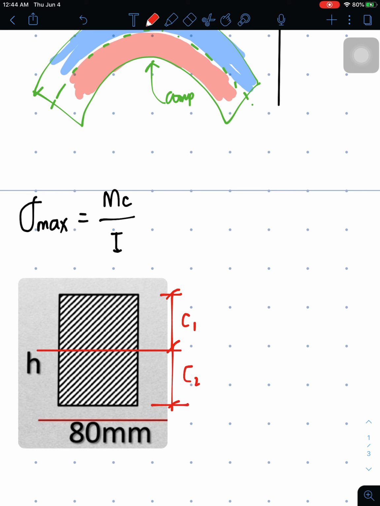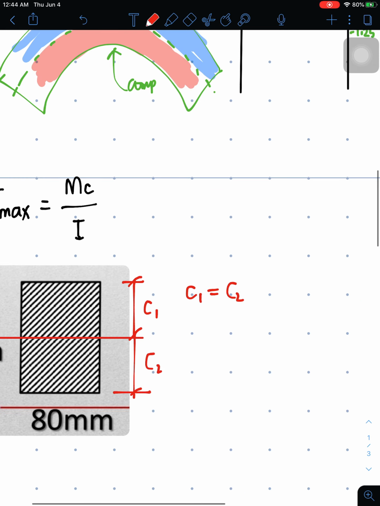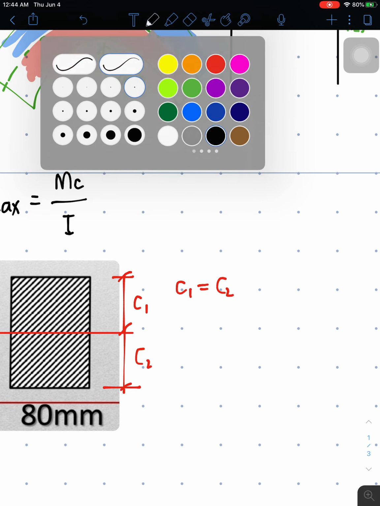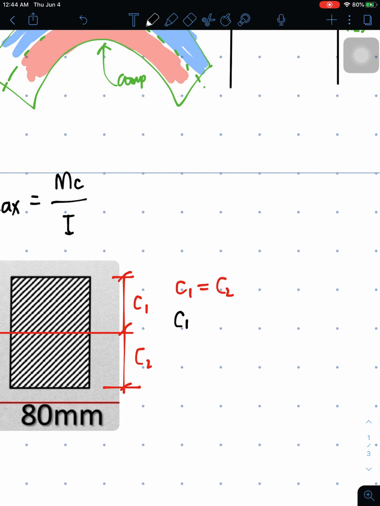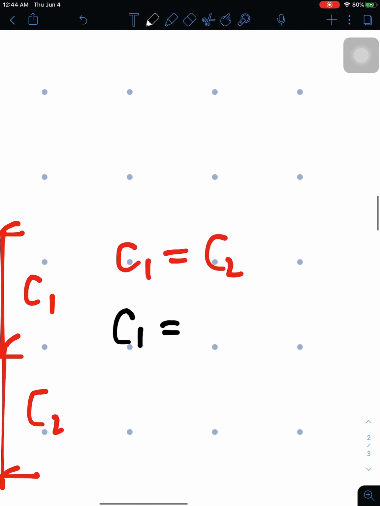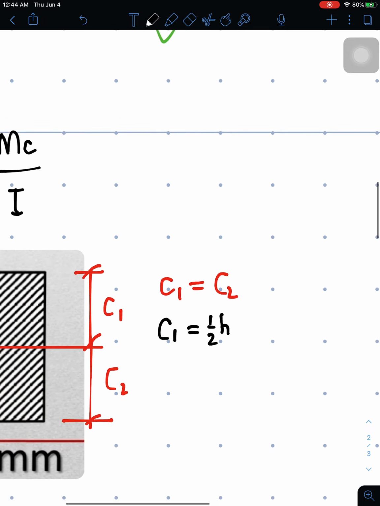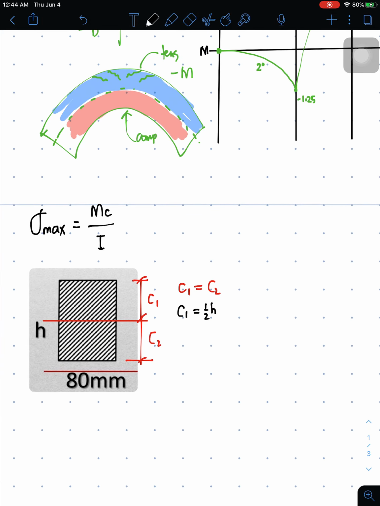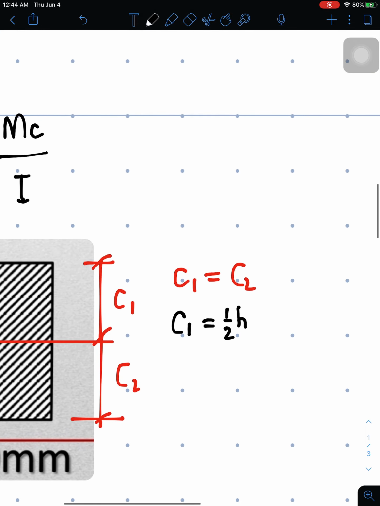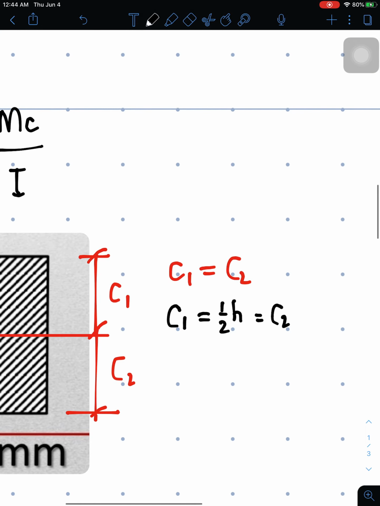So therefore, for a rectangle, C1 is just equal to C2. And it's obvious that C1 is equal to 1/2 of H. Okay, we don't have a value for H yet, no? And also C2. So by the way, this is all C. C1 and C2 are just the same.